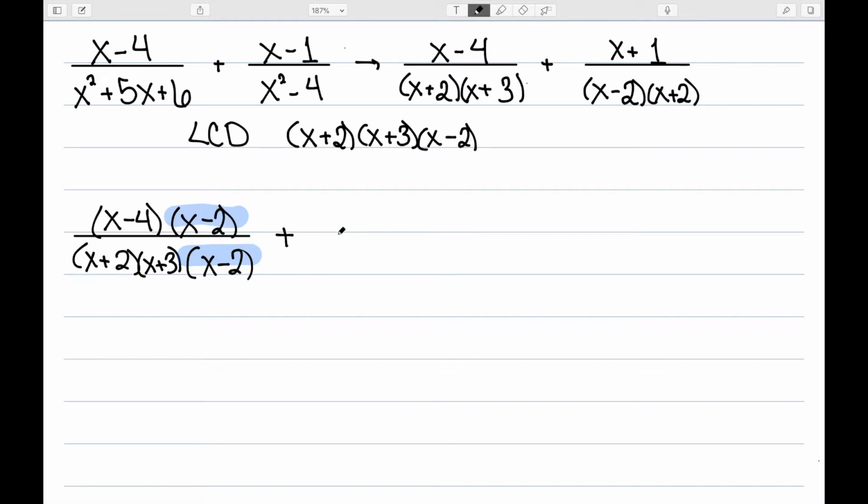My second fraction has an x plus 1 on the top. The denominator has an x minus 2 and an x plus 2. And once again, I'm missing a term here, which in this case, I'm missing the x plus 3. So I'll put that on both the numerator and the denominator.